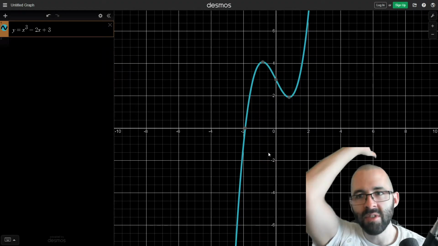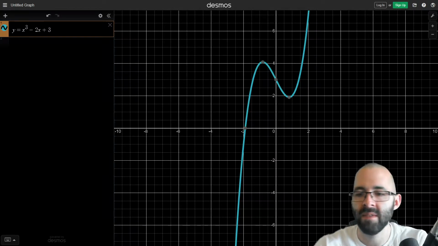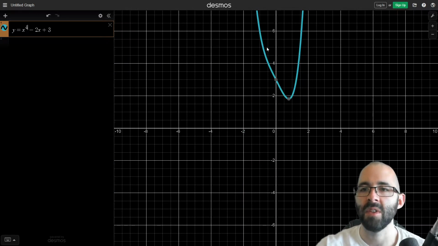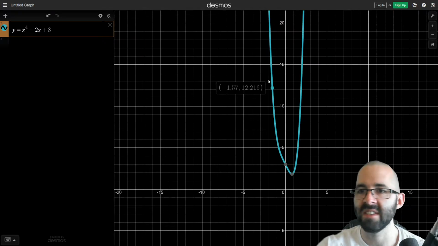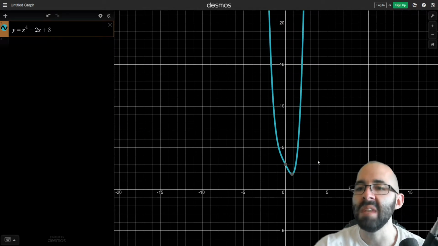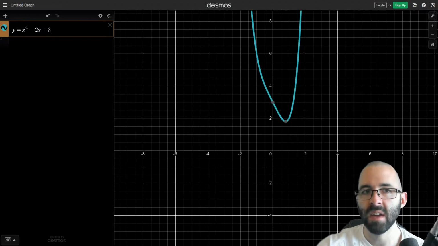Either shooting off into the top or shooting down into the bottom, okay? If I change this to x to the 4th, again, it's doing some stuff in the middle, but eventually, if I zoom out, it's just going off to the skies. That's what we mean when we say end behavior, all right?